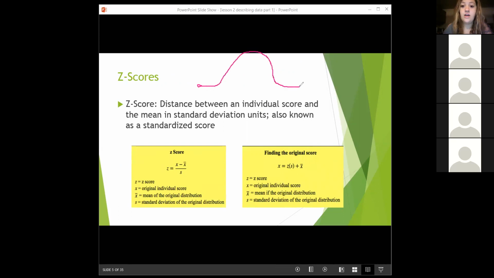So our Z-score curve is always going to have a mean of 0 and a standard deviation of 1. So our mean is going to be here, and then our standard deviation equals 1. So 1 standard deviation away from the mean is going to be 1, and then 2 would be 2, etc. I didn't really draw this well. There'd be 3 over here too, but it would kind of be represented like that.